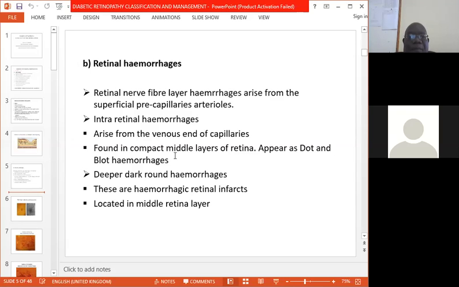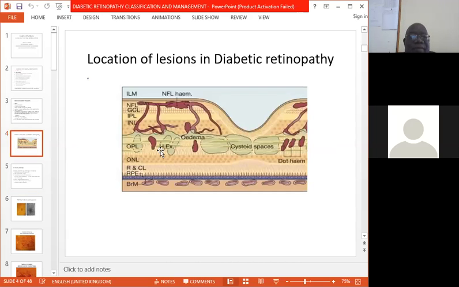These are found in the compact middle layer of the retina and appear as dot hemorrhages. In other words, those in the middle layer don't have the chance to spread. They are sort of compacted. They appear like dots when you are looking into the eye. Those that are in the nerve fiber layer have a chance to spread, so they look like a sheet of blood which has fallen there.